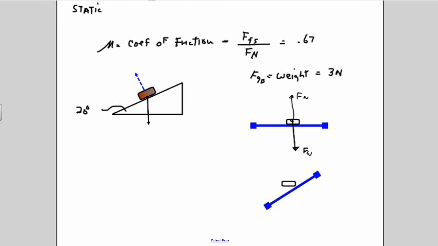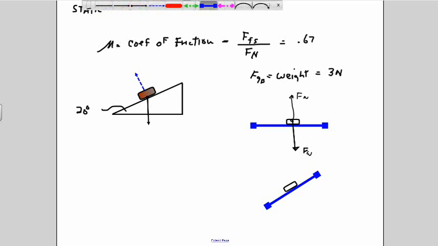Except now it's obviously tilted. Like so. And I'm telling you that the force normal is no longer what it was before.